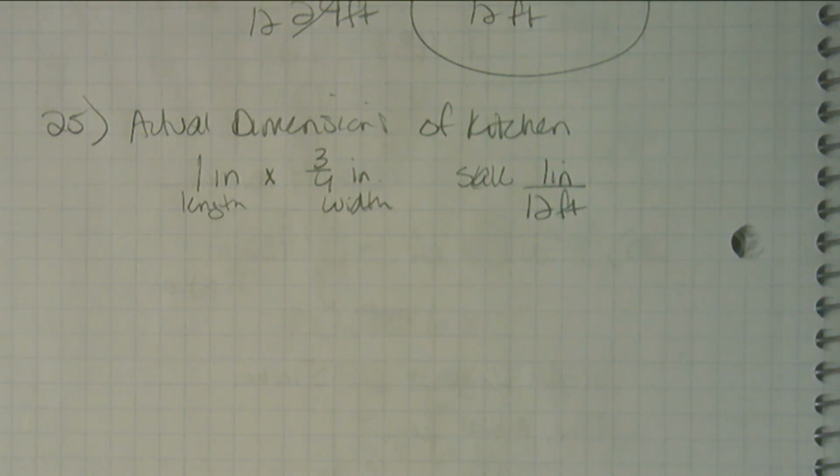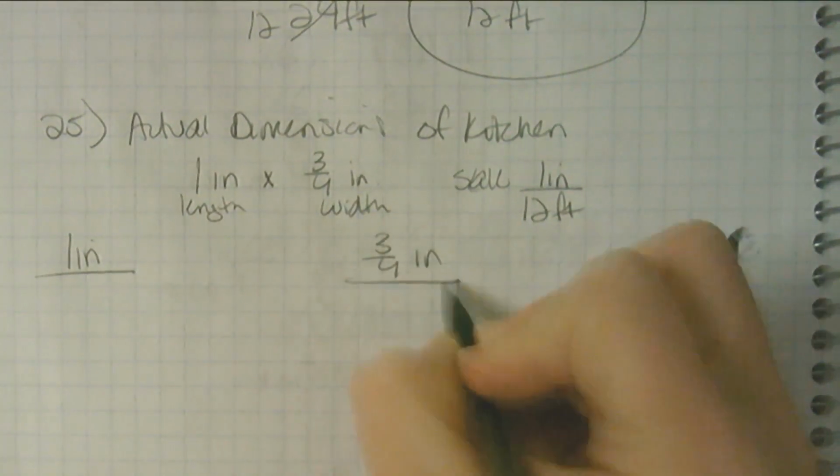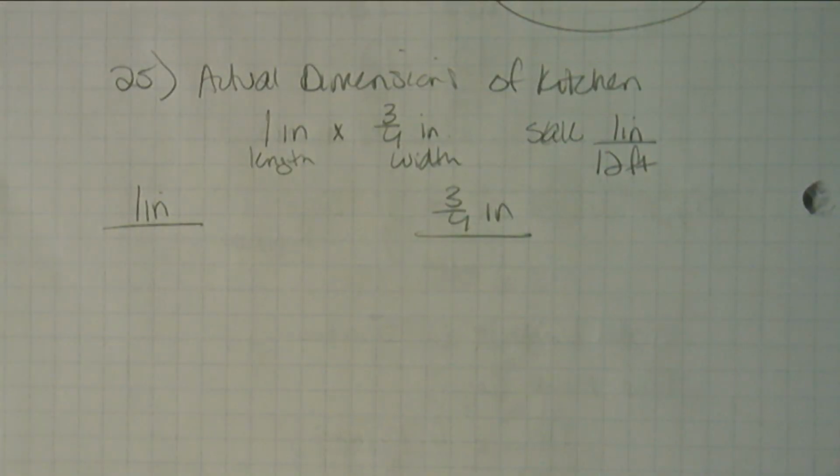You have to find what this dimension would be using a proportion and the scale, and then what that dimension would be using the proportion and the scale. So I need to set up a proportion for each of those dimensions. You're all doing this. This is not an invitation that I need to be giving every day.